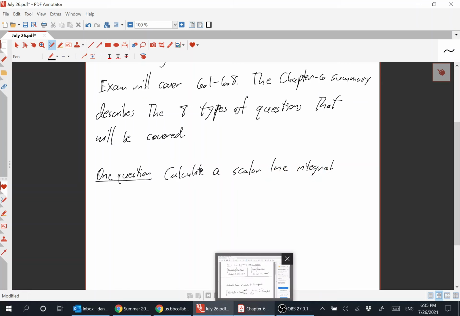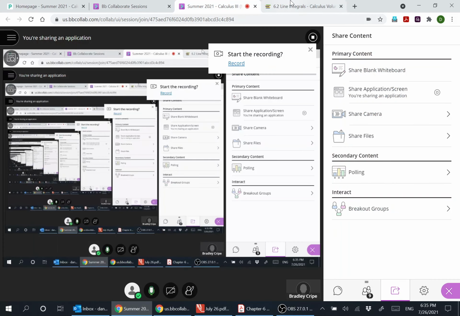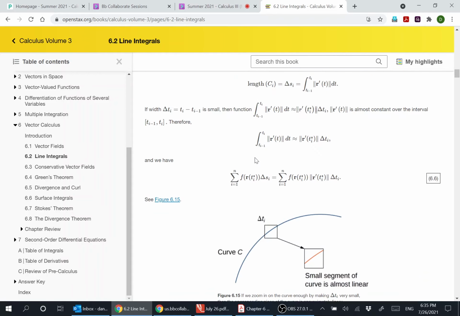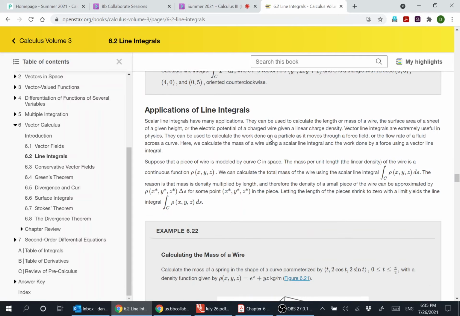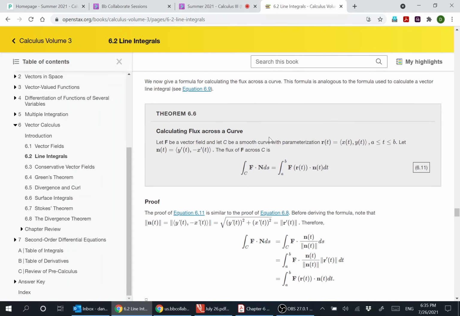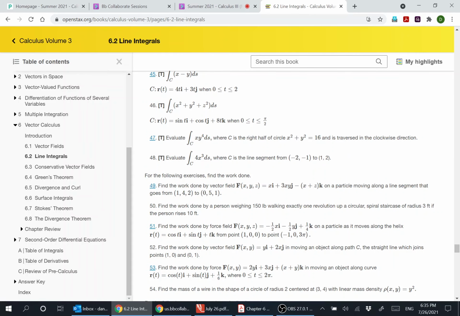That was from section 6.2. There's a bunch of them in the exercises that we went over. Let's do a couple of them now.